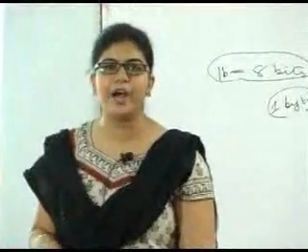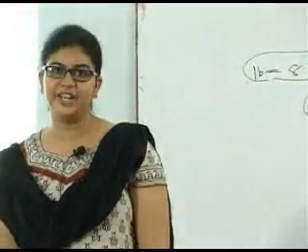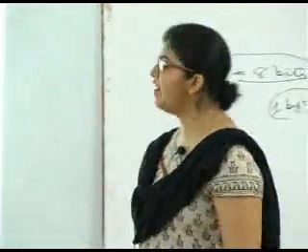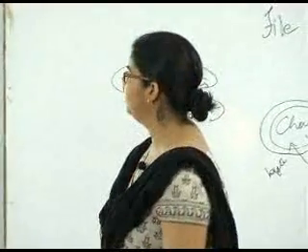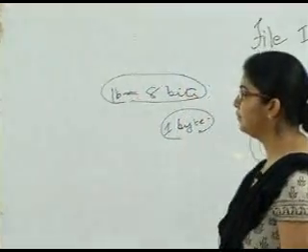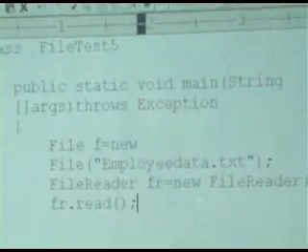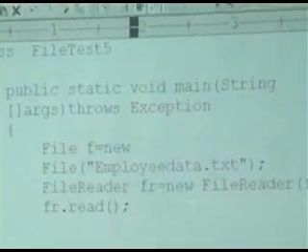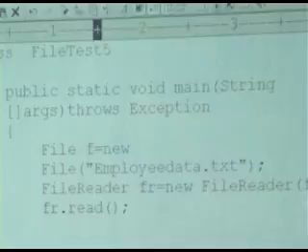Now, to the input stream you have already specified the resource. What do you need to do now? You need to start reading it. So just say fr.read. Read again gives you an integer.